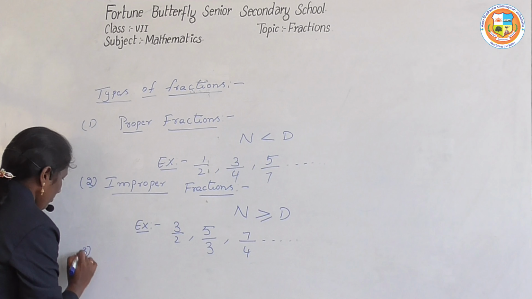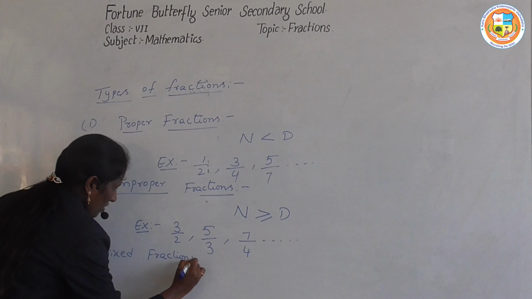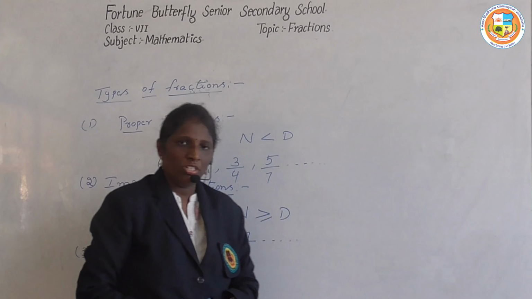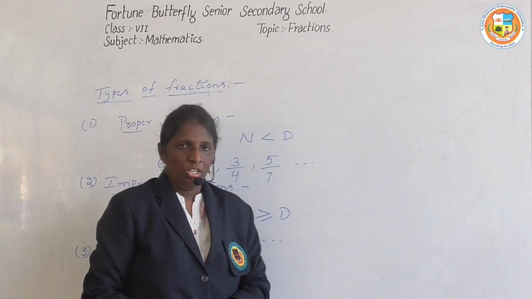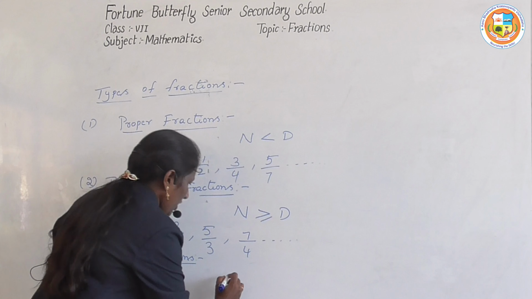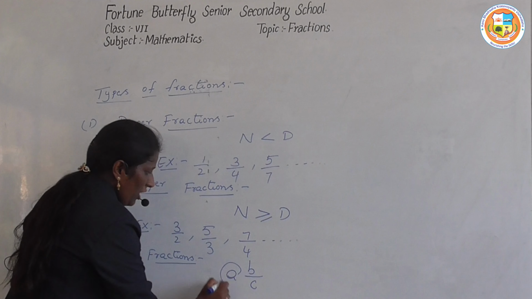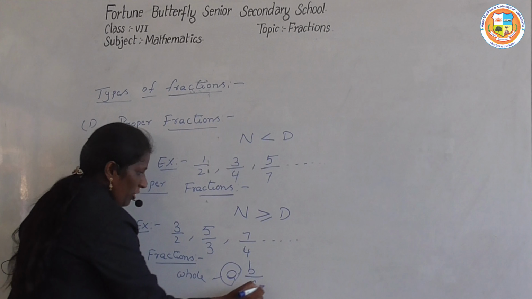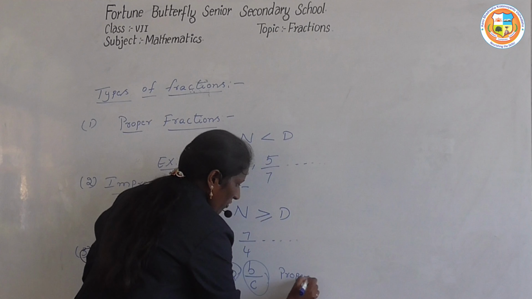The next one is the mixed fraction. A mixed fraction is the combination of a whole number and a proper fraction. It can be written as a b by c. Here a is called the whole number part, and b by c is a proper fraction.